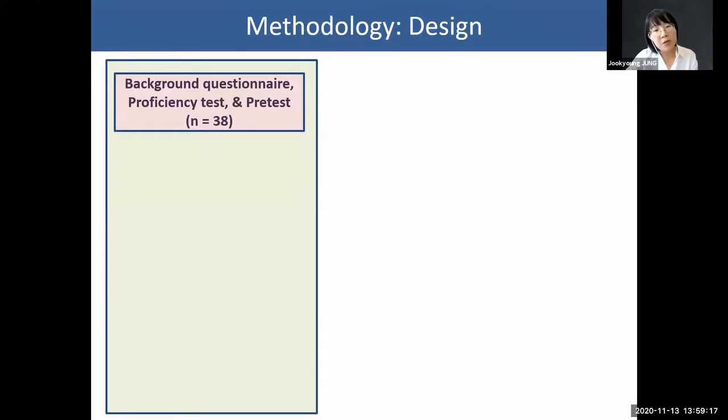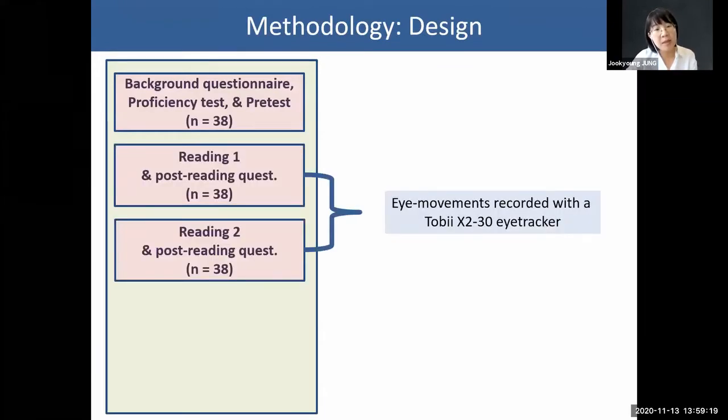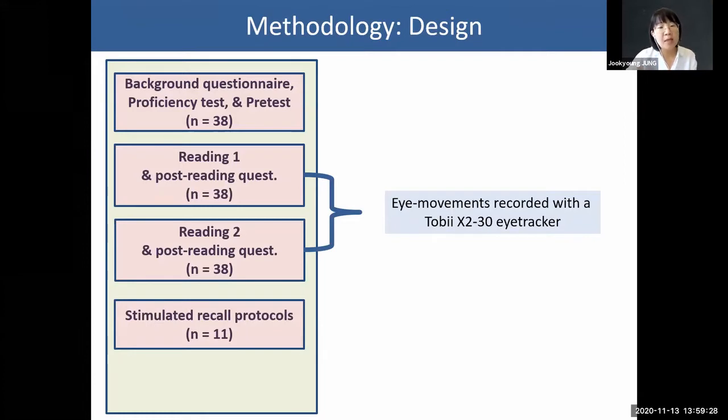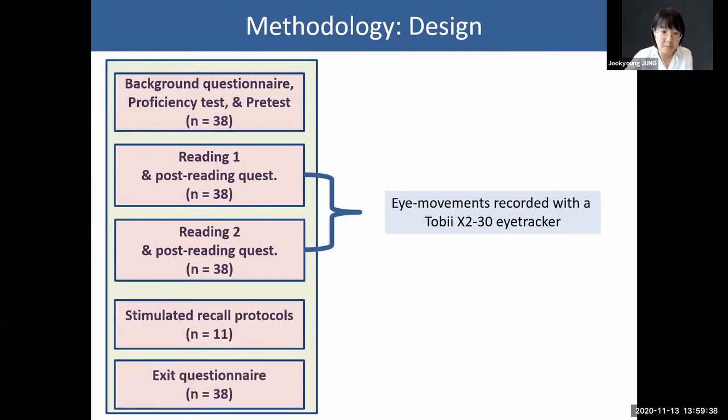In total, there were 38 participants, and they read two texts. While they were reading, the eye movements were recorded with a Tobii eye tracker. Right after the completion of the reading tasks, 11 participants were asked to produce stimulated recall comments prompted by their own eye movements.